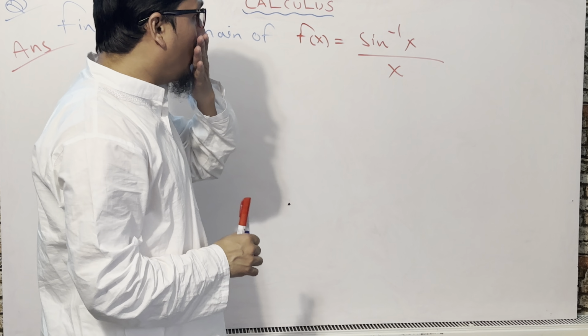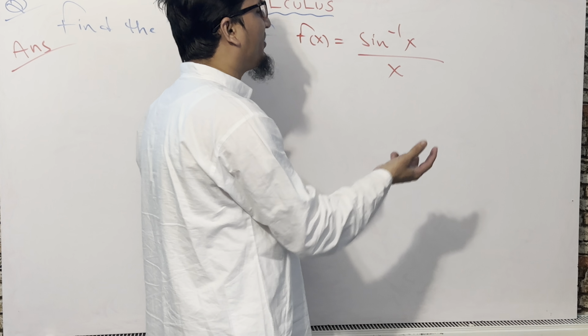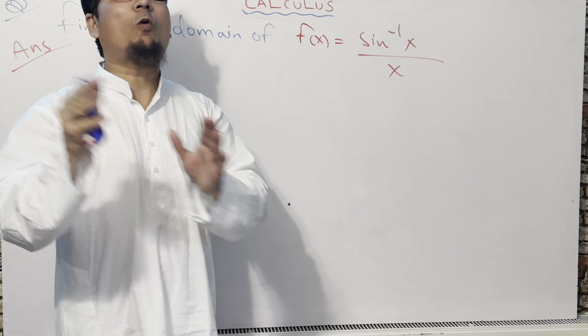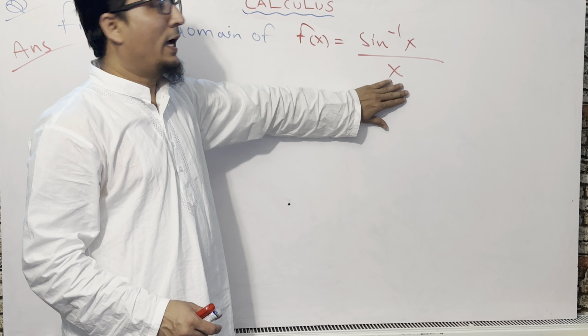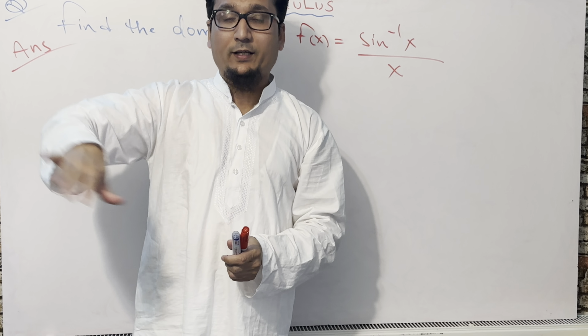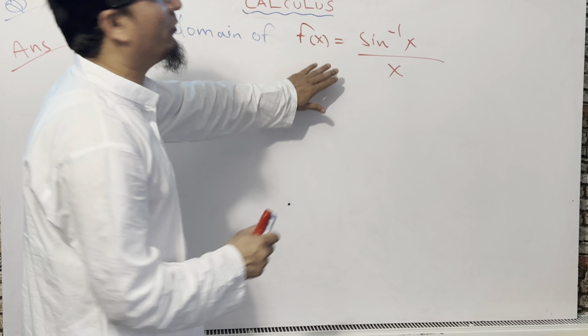Once you have the common intersection, after that you have to check whether there is any value of x that, if I plug it into the denominator, makes the function not exist. Remove that value from the domain, and the other remaining values of x will be the domain of the given function.